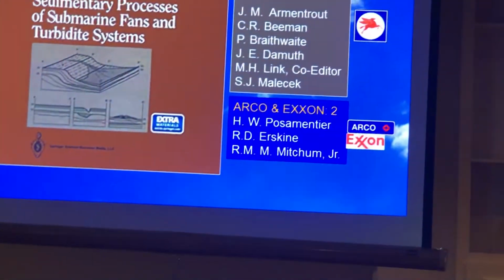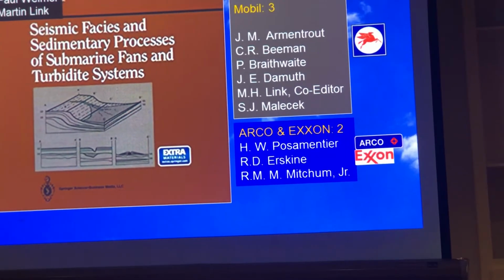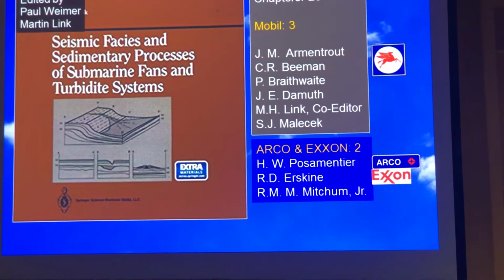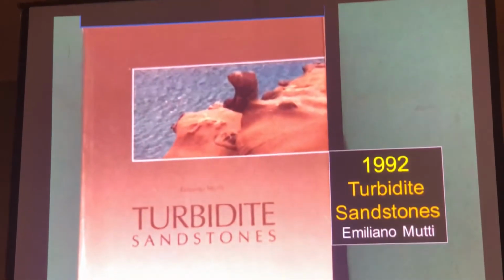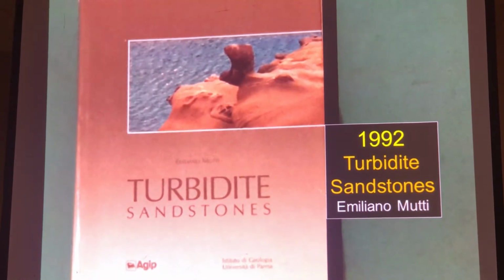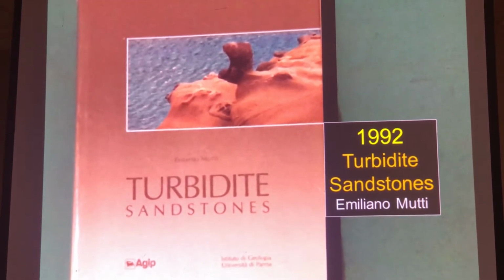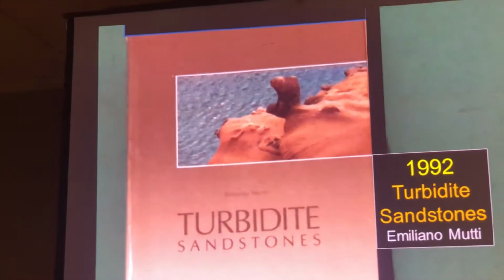And at the same time, Henry Posamentier was working for ARCO here in Dallas. He, with some other people in Exxon, published a paper on the seismic attributes of submarine fans. In 1992, Mutti published a book on turbidite sandstone. This is a collection of some spectacular photographs Mutti took all over the world.